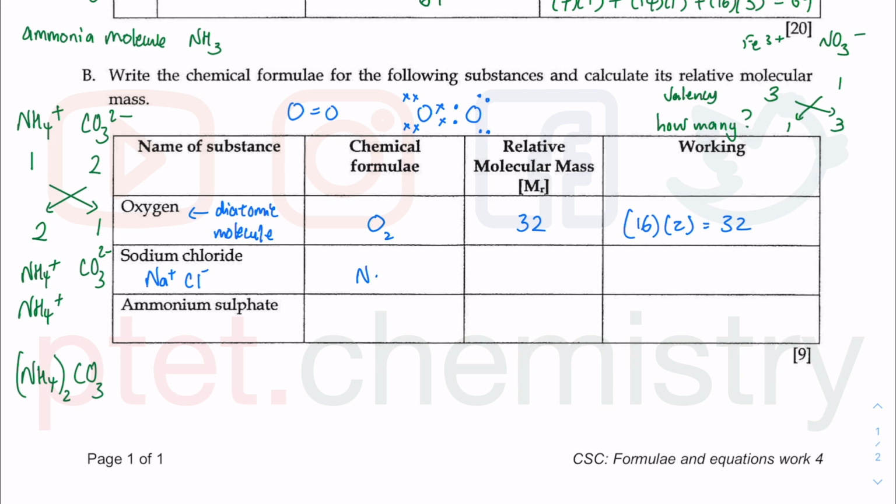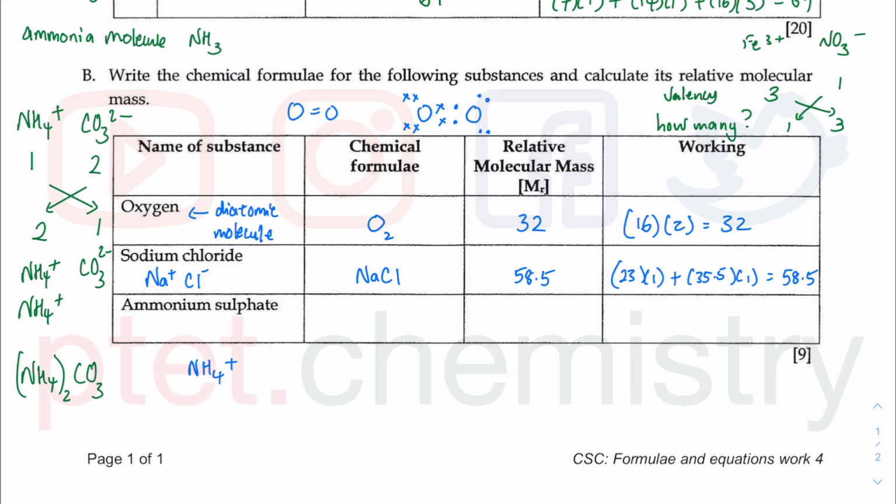So altogether, crisscross will tell you you have 1 of each, +1 cancel out -1 exactly. The overall compound has no charge at all. So you got 23 for the sodium, you got 1 of it. You got 35.5 for the chlorine, and you got 1 of it. And you total up to 58.5. That is the Mr for sodium chloride.